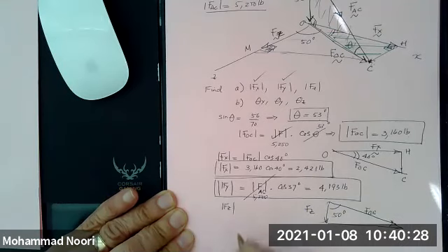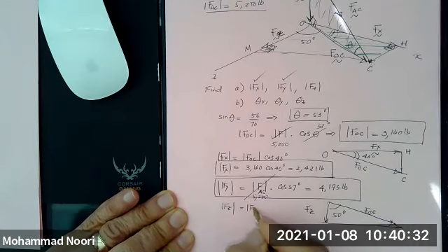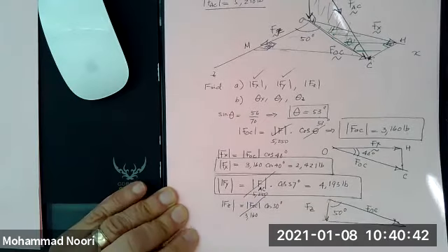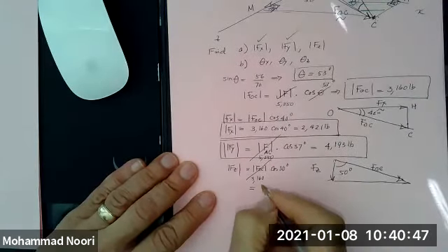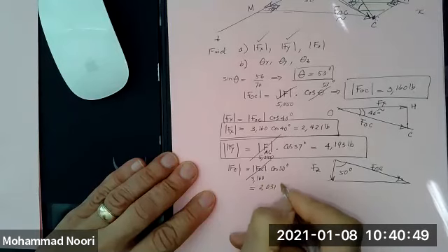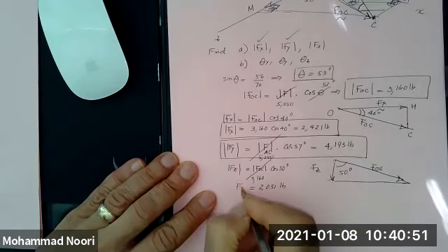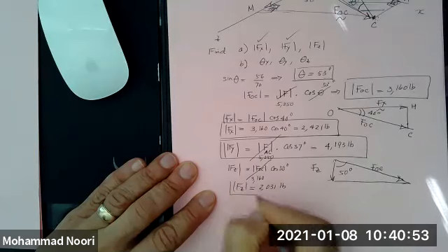So F of Z would be F of OC again, which we found to be 3,160 times the cosine of 50 degrees, and you can find it to be 2,031 pounds. So this is F sub C.